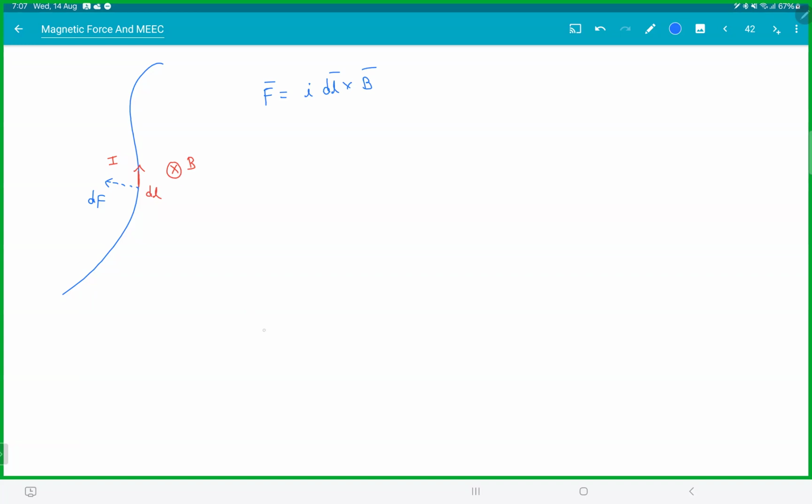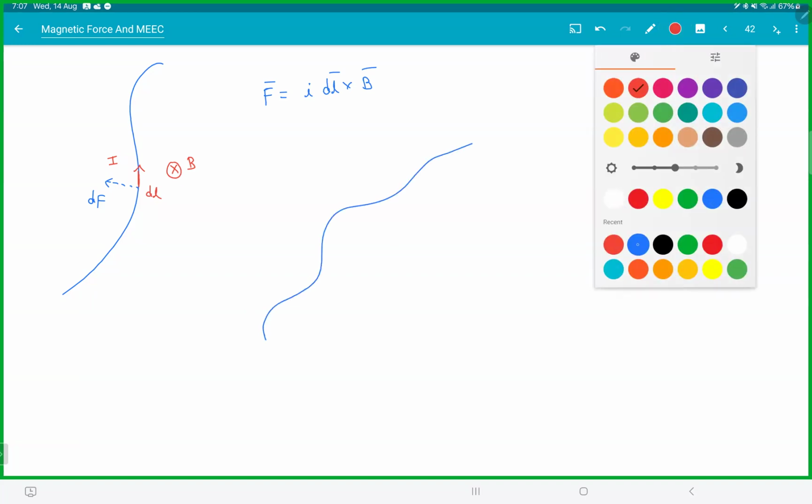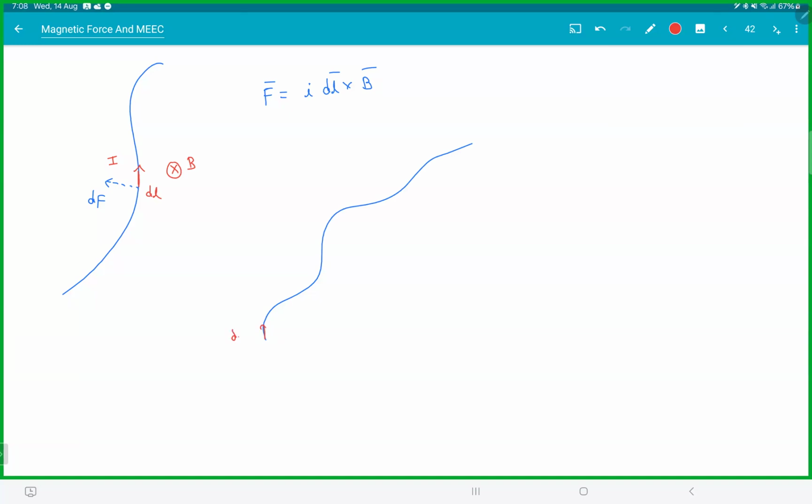Now, so if you have some random wire like this, and if you take small segments, let's say this is dl1, dl2, dl3, so on till dlN.